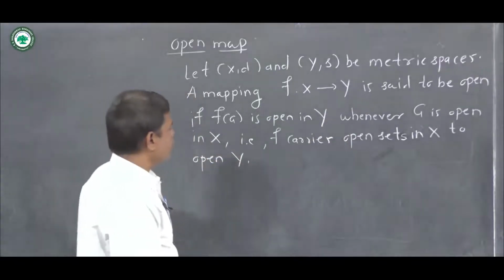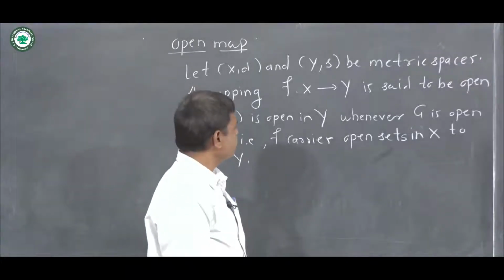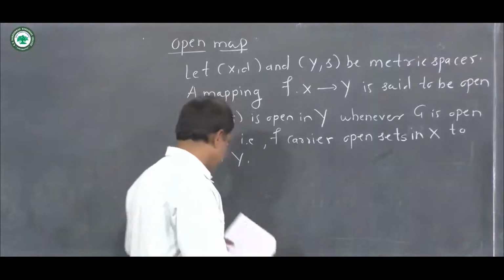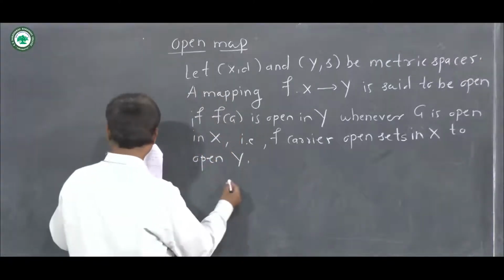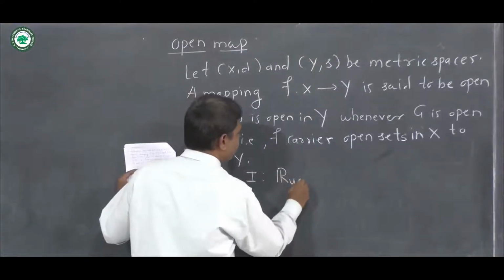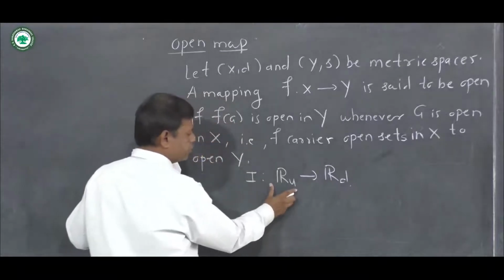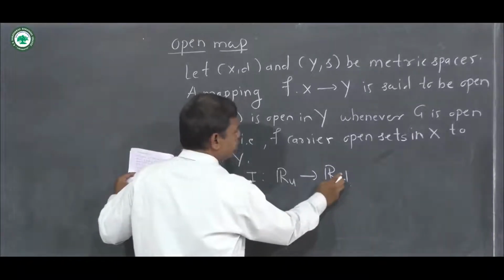Now remember one more thing, that open maps need not be continuous. An open mapping need not be continuous. Consider I, the identity map from the metric space R_u, that is R with the usual metric, to R_d, R with the discrete metric.